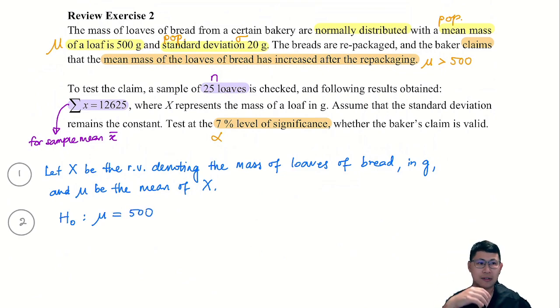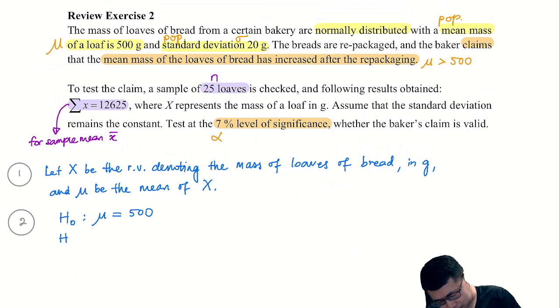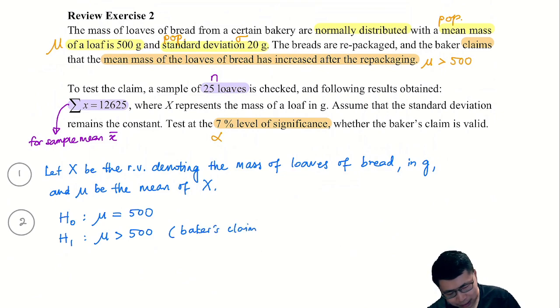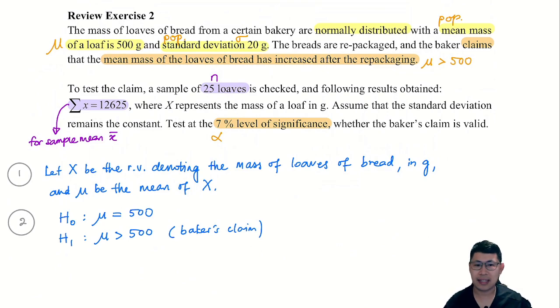We are going to verify whether this is the case for the population. The alternative hypothesis is mu greater than 500, which is what the baker claimed. I'm going to write here baker's claim for my own reference; technically you don't have to write anything.